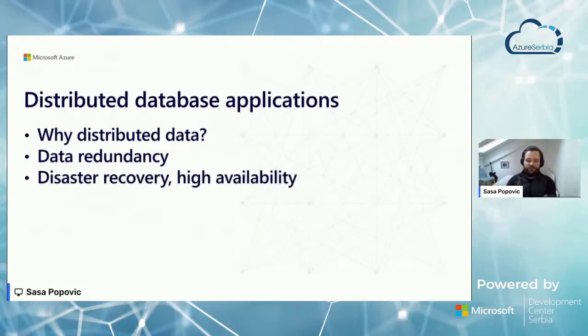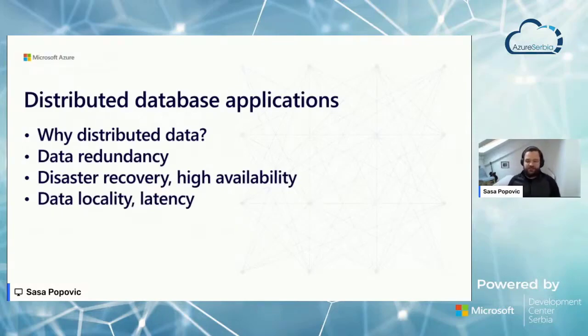Then there is a need for disaster recovery and high availability. You might want to have multiple copies of the data in order to be able to recover effectively from disastrous events such as network outage or power outage. And if you have data on multiple places, application can quickly fail over from one place to another, and with that achieve high availability, so that application and users don't notice the downtime.